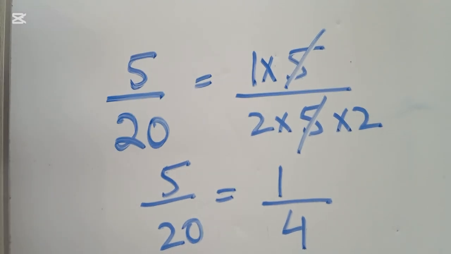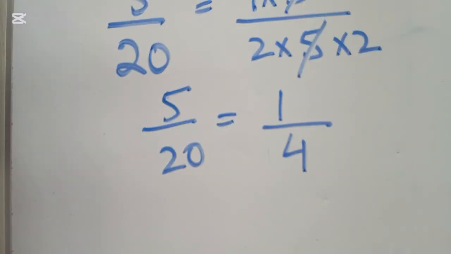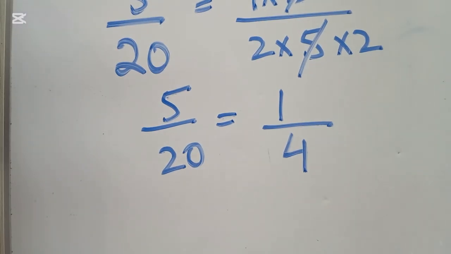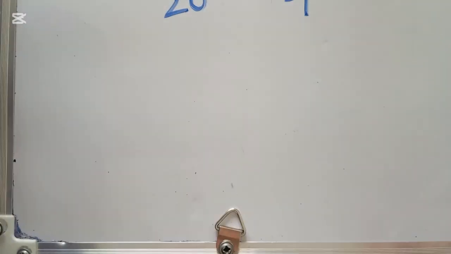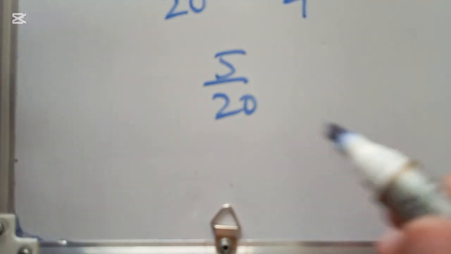Now each time you don't need to do this procedure. If you are good at tables and if you have understood the concept of simplifying fractions, then you can do this directly. Like if we have 5 over 20, you can directly cancel them.